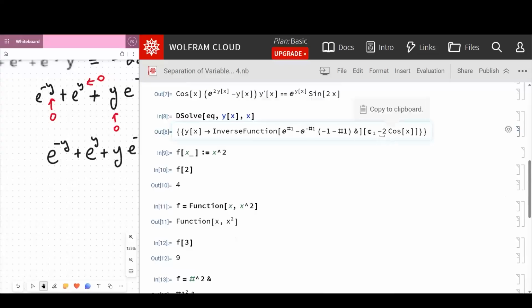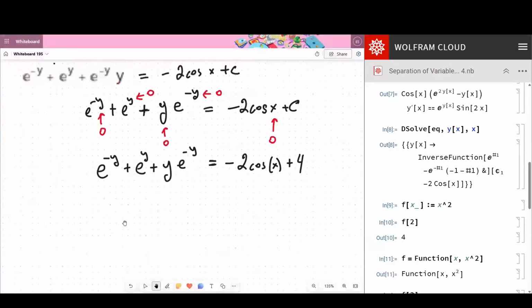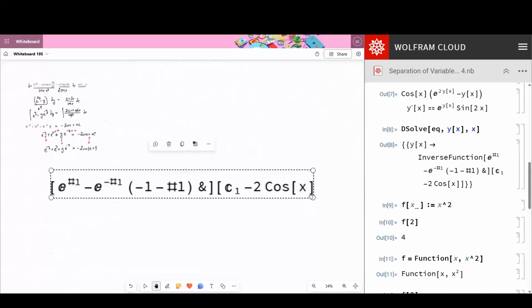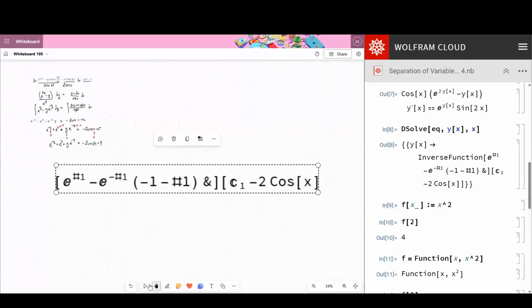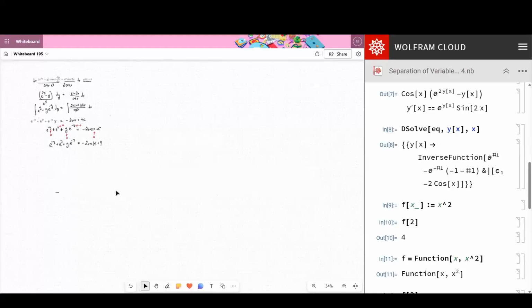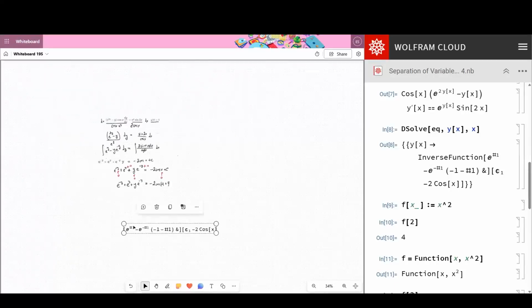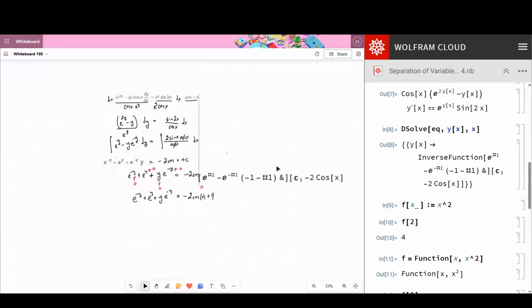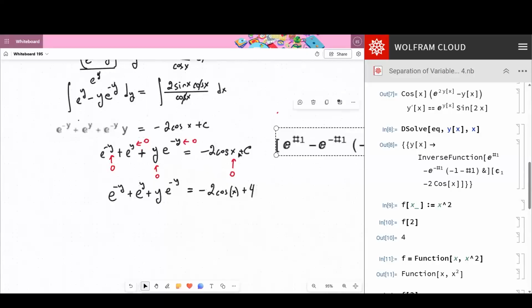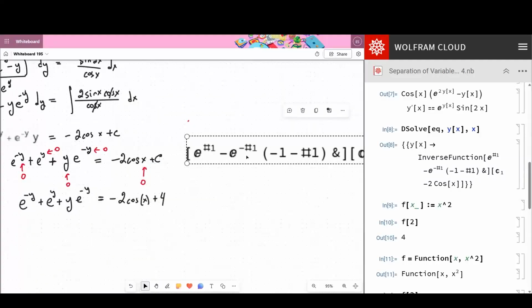All right, so back to this expression. I'm just going to copy this here, back here, just to show you how this is indeed pretty much the same thing as what we got over here.